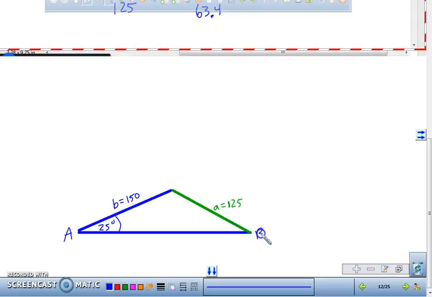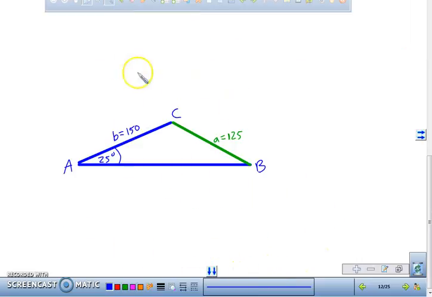Here's capital B. We need to find capital B. We also need to find capital C. Now, this is one of your triangles. So right now, this is one solution. This is what one solution will approximately look like.